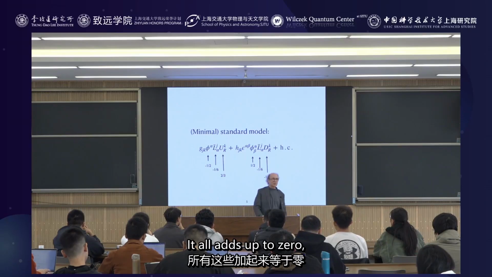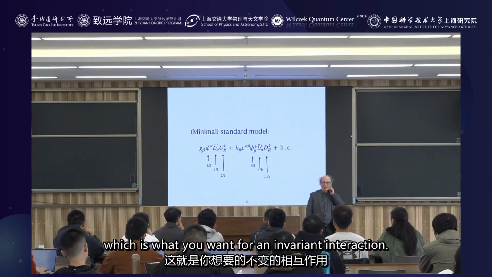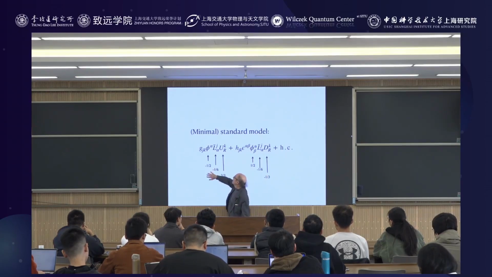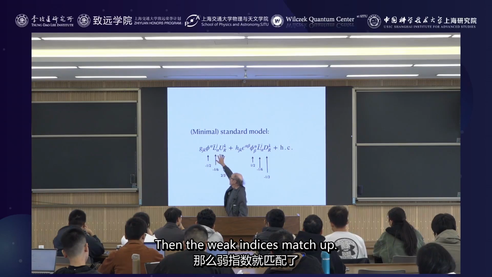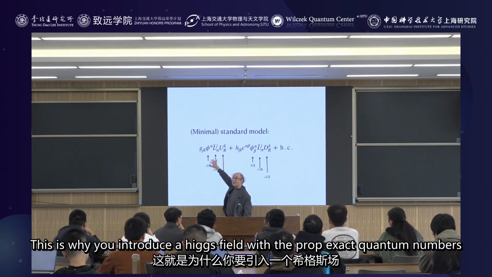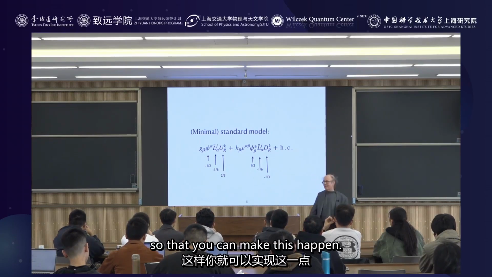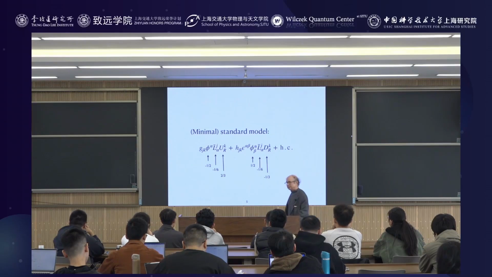So it all adds up to 0, which is what you want for an invariant interaction. And then the weak indices match up. This is why you introduce a Higgs field with the exact quantum numbers that you do, so that you can make this happen.